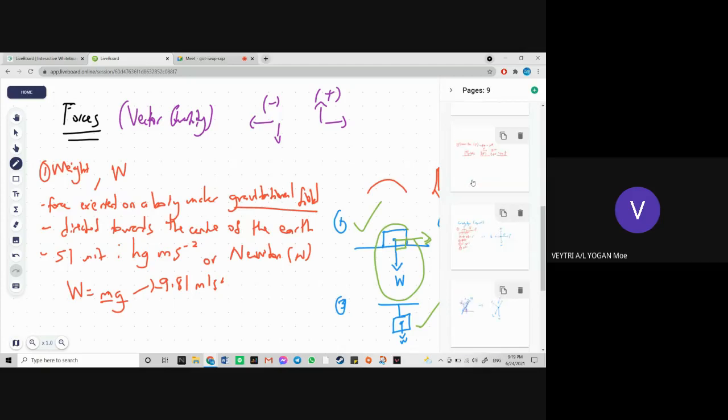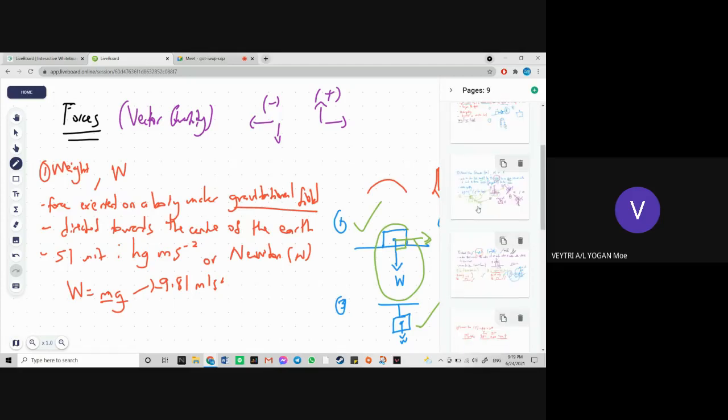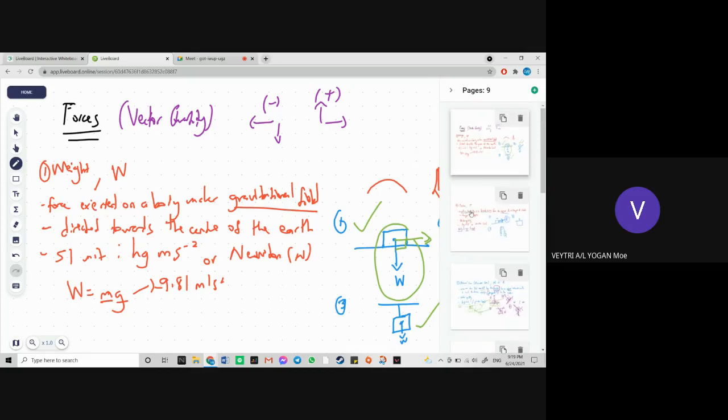This is basically all you need for this chapter. You need to know the forces very well. You guys need to write down this as your notes. Please do one by one, step by step. Everything I've explained, please write down in your notes because they are all important. Make like your own notes for this particular chapter. And I would like you guys to pass it up to me.